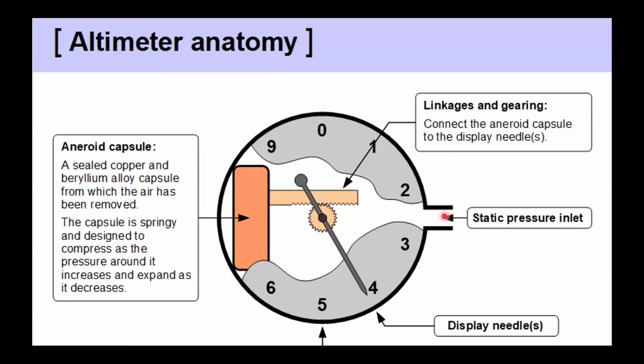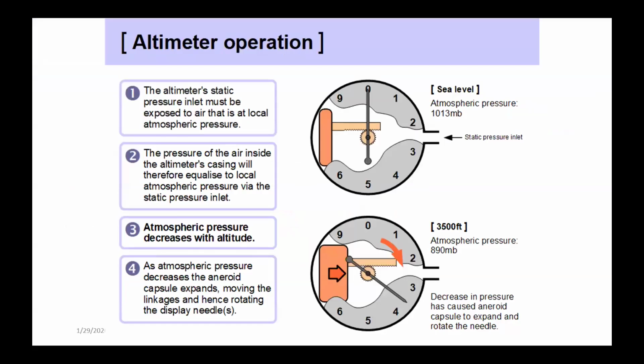The static port comes in to the case, and then the capsule is inside the case. As the capsule shrinks or expands, it moves a gear train, and this is a grossly simplified gear train. It moves the gear train, and that's connected to the pointer. So when we are looking at it here, again, we've got static pressure, 1013, so we're talking sea level.